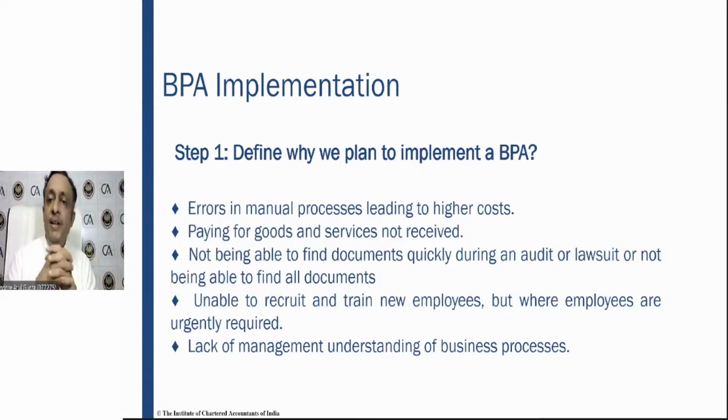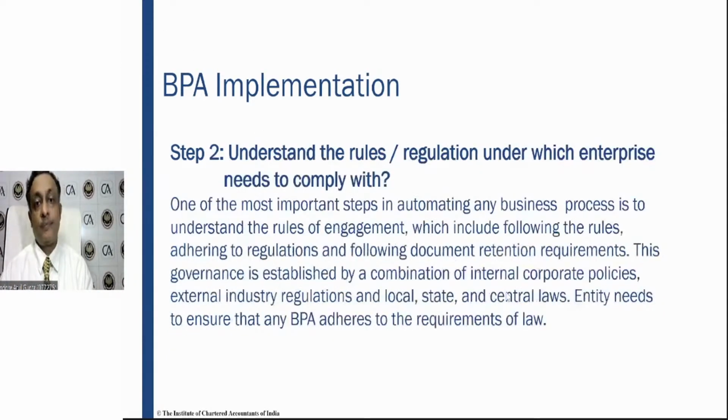So define why we want to implement BPA. Then understand the rules and regulations with which the enterprise needs to comply when it is going for automation. One of the most important steps in automating any business process is to gain an understanding of the rules of engagement where you are doing it, which includes the rules which need to be followed, adherence to regulation. The example that I'll take, I'll bring that also.